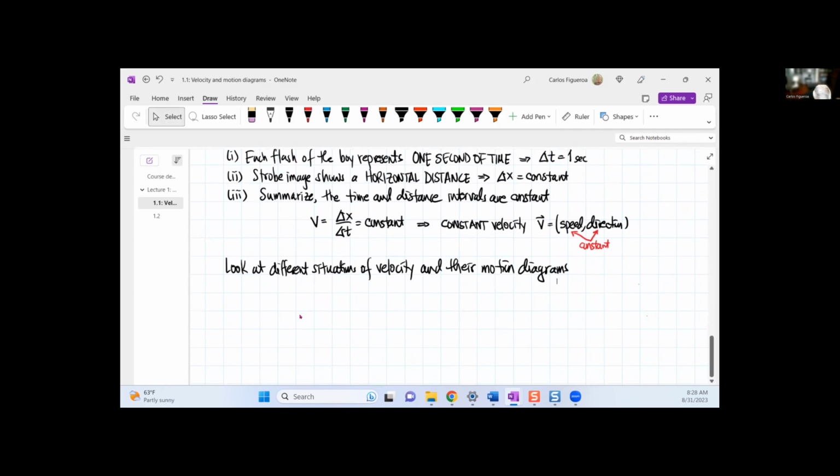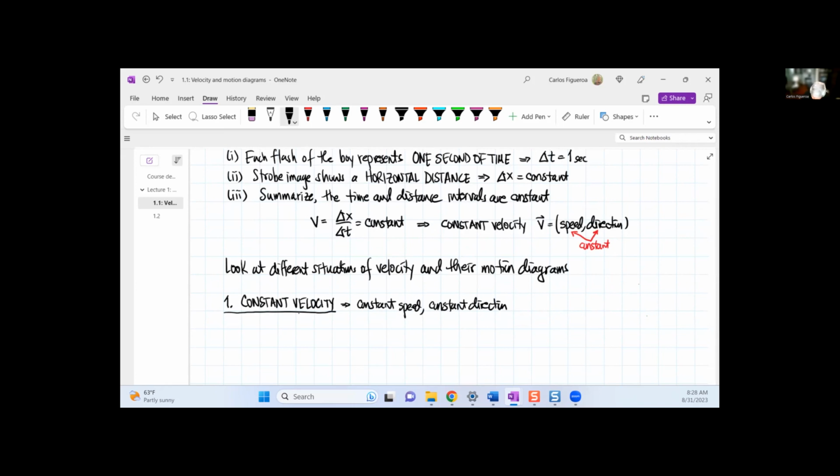I just showed you what the first one was, and we'll say that this is constant velocity. And because this is constant velocity, this immediately tells us that we have constant speed and constant direction. That's what we mean by this right here.